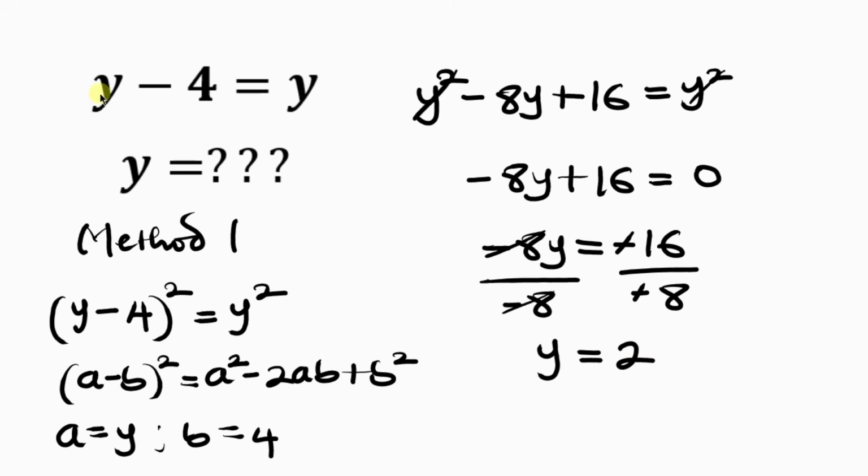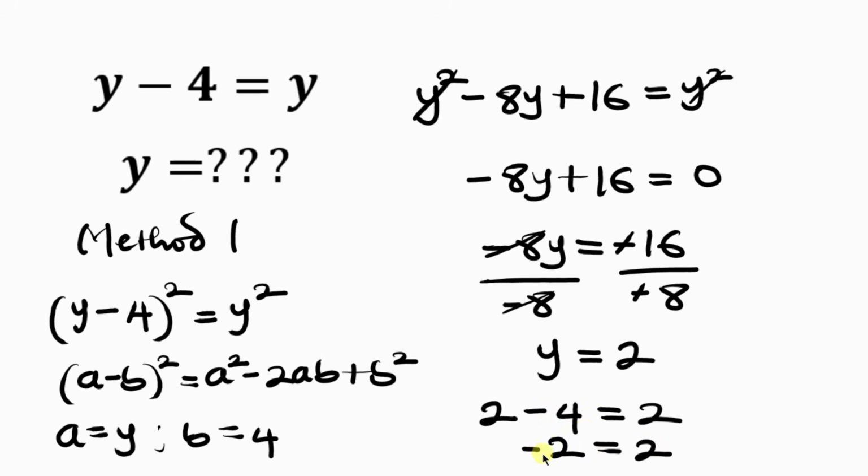Now let's try out something. Let's check. The value of y we got from here is 2. So when I put 2 here in place of y in the square root of y minus 4 equals y, the value of y we have is 2. Now watch, 2 minus 4 is negative 2 on the left hand side, and the right hand side we have 2.